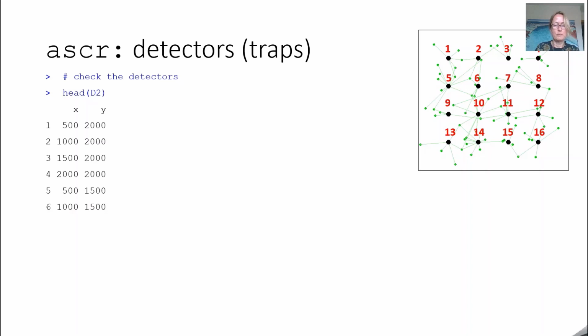We'll now just have a quick look at the object D2, which contains the required information for the detectors. It's important that these are in the correct order. So if the ID of a detector is 1, and you refer to this detector as detector 1 in the captures object, which we'll talk about later, the information for this detector must be in row 1 here.